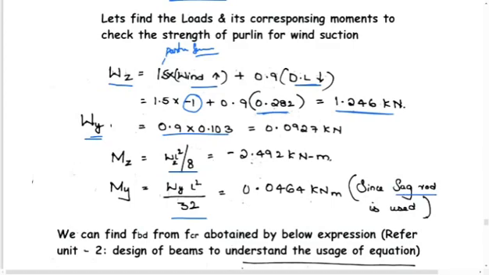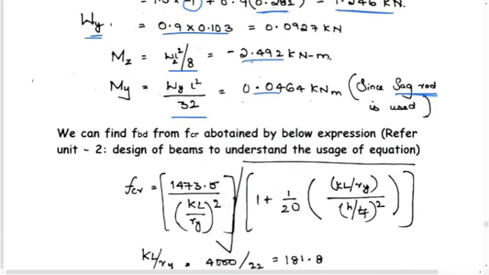Remember, since the sag rod is used in the calculation of My, you have to take only 25% of WL square by 8. So this is Mz, My. And I told you that we need MdZ. MdZ can be obtained by calculating FBD.